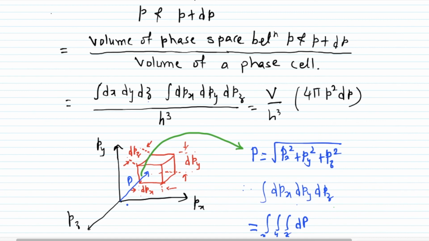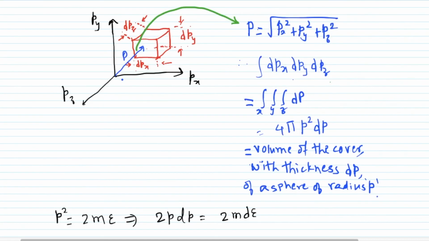So this v upon h cube I have taken out, and now we have to look at what is the integral dpx dpy dpz. So now we are talking about the volume which is controlled by the values of dpx dpy dpz. That is on the surface of a sphere with momentum p. Clear? So we are already on the surface of the sphere with momentum p, and about that now there is range dpx dpy dpz.